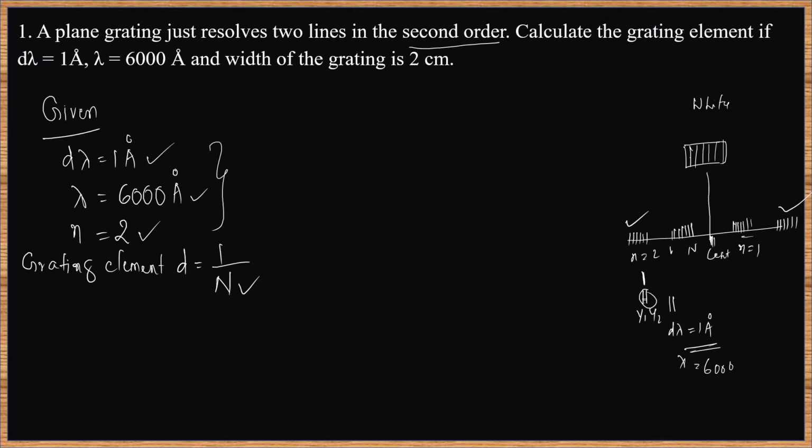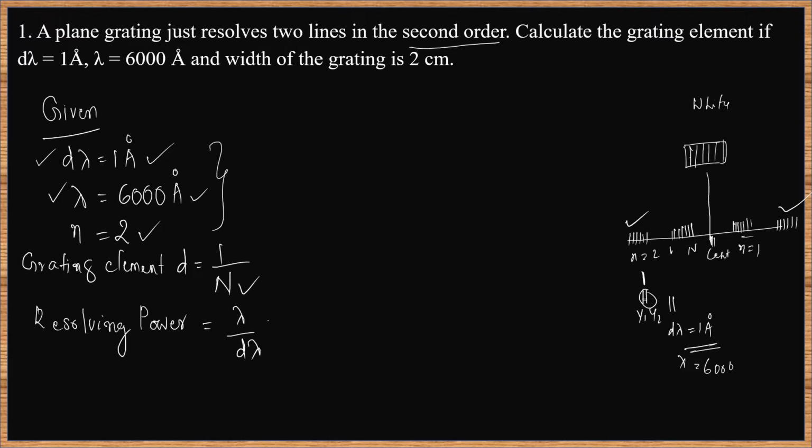Yes, we have the resolving power equation, which you can get from lambda and d lambda. What was the resolving power equation for a grating? Yes, it is equal to lambda by d lambda.